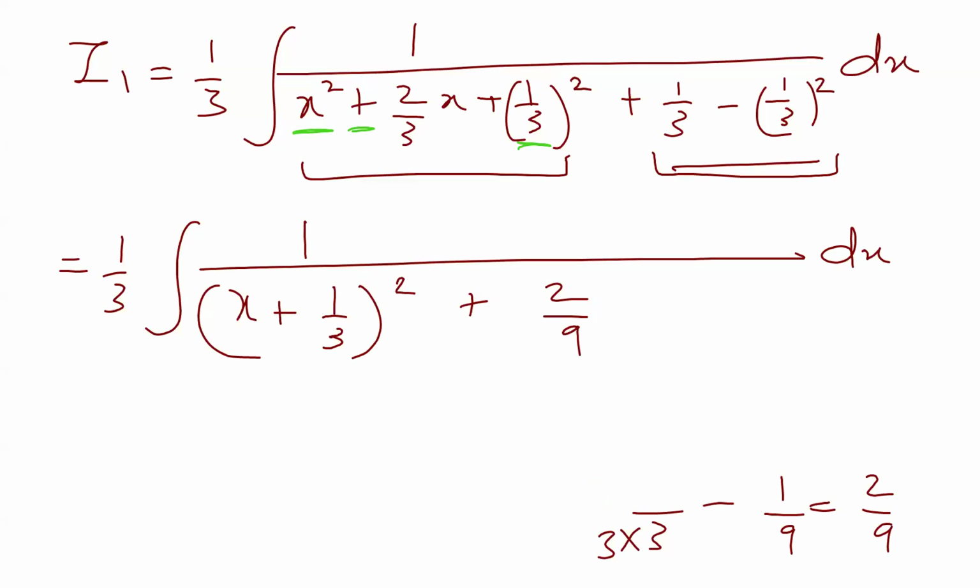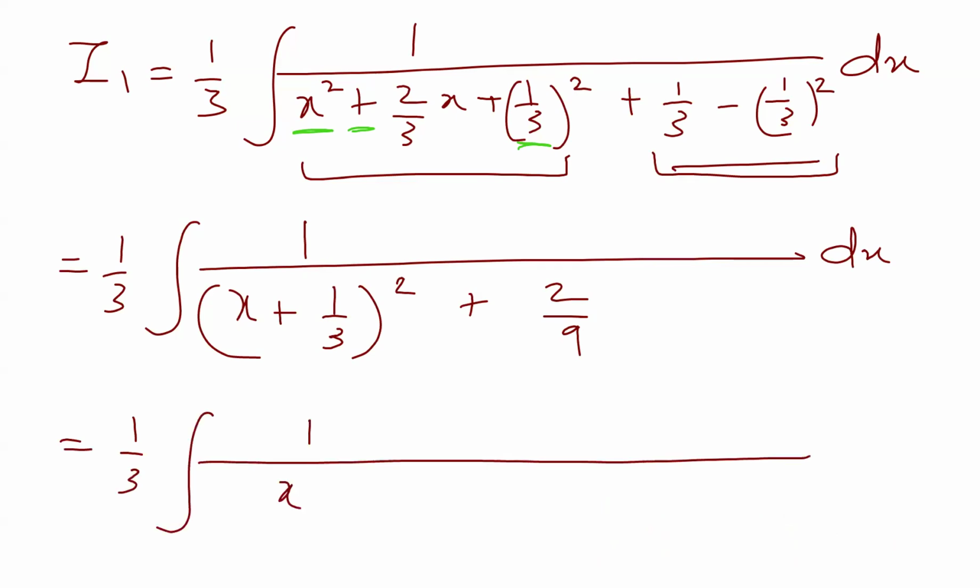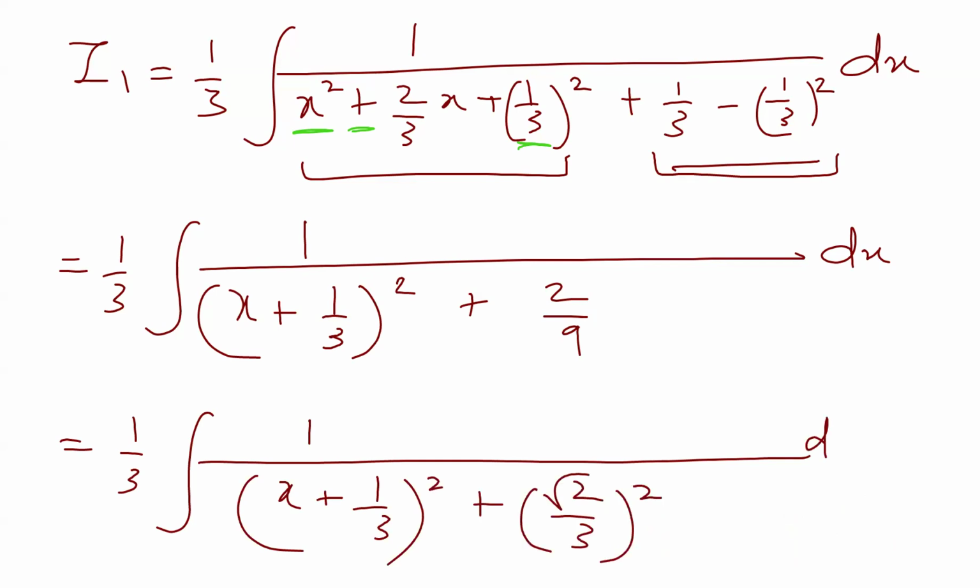Now this part you're well aware of. So this is equal to 1 by 3, 1 upon (x plus 1 by 3) the whole square plus (root 2 by 3) the whole square.